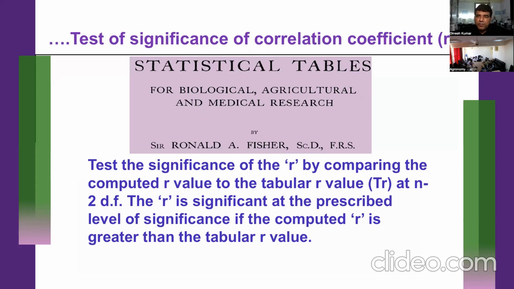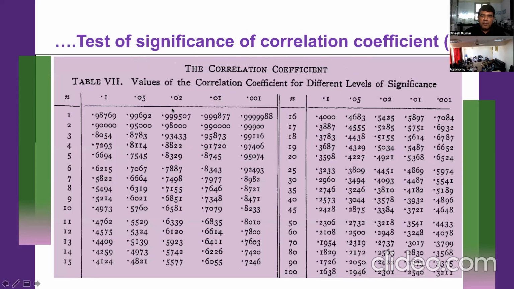Based upon degrees of freedom and level of significance, you can see the table value of the correlation coefficient. If your calculated r value is greater than the table value, then r is significant. The results from both methods are the same, so you can do either. But this method is very simple.